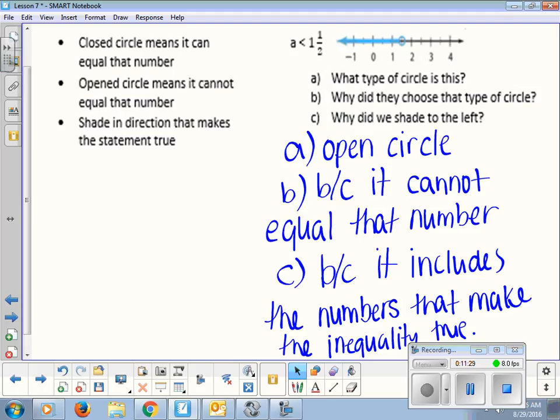When you're shading to the left, it's including the numbers that make the inequality true.